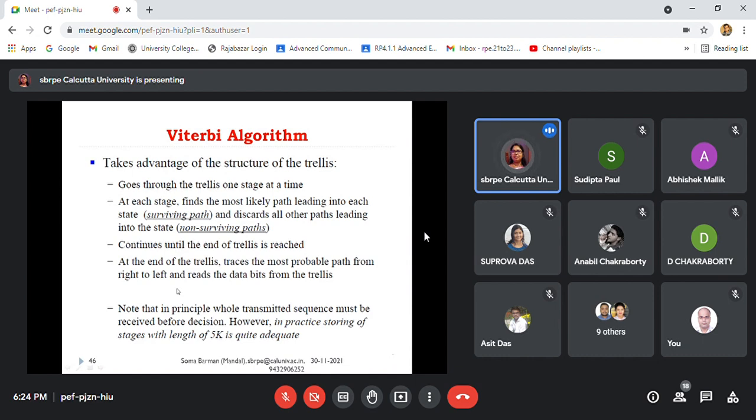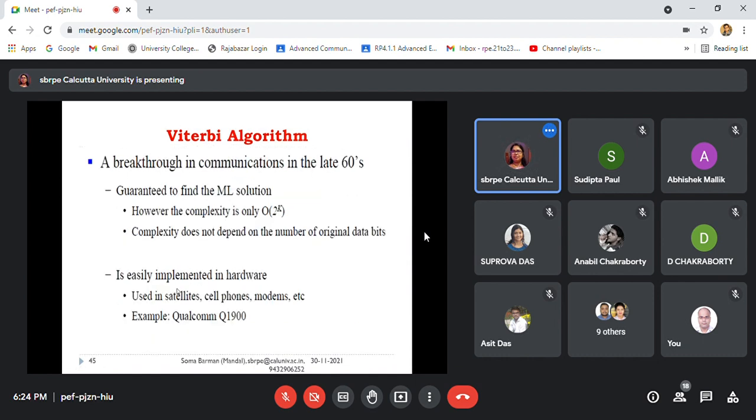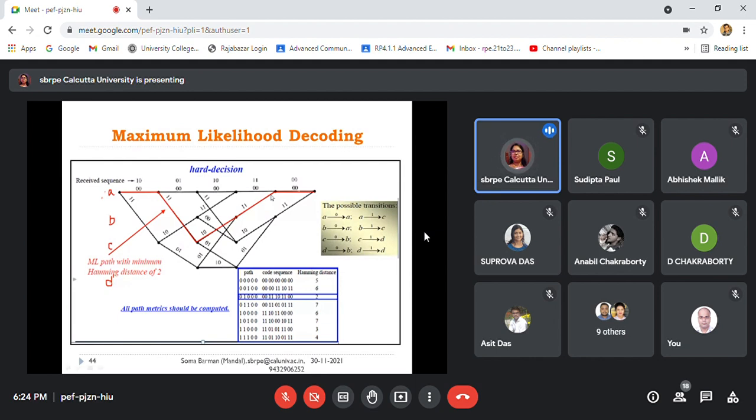What does it mean? It means that if I choose this path, the red mark, then this path is surviving. So you decode the information: 0 0 to 0 0, that means input 0. Then 0 0 to 1 1, which step?